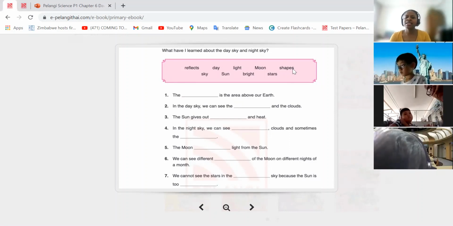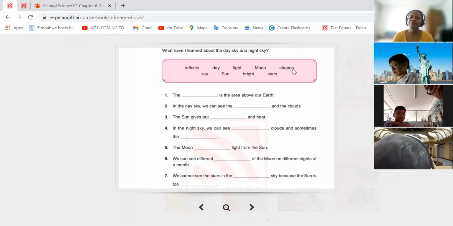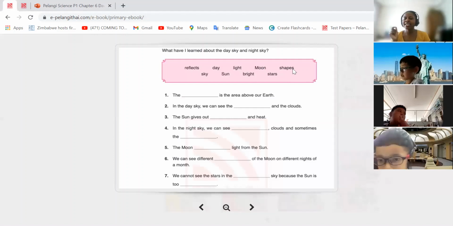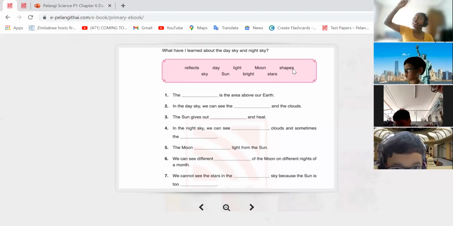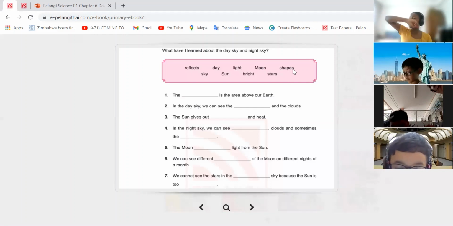The sky is the area above our earth. So let's please write the word sky on number 1. Because we said this whole area is called the sky, right? The blue part, everything that we see, it is called the sky.